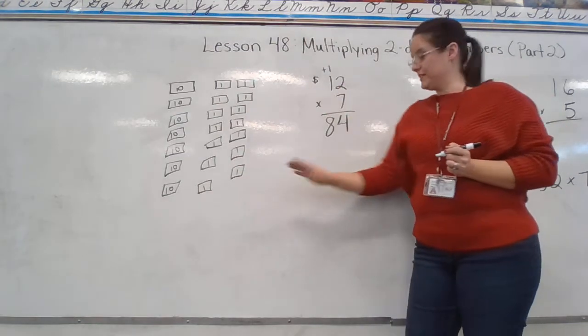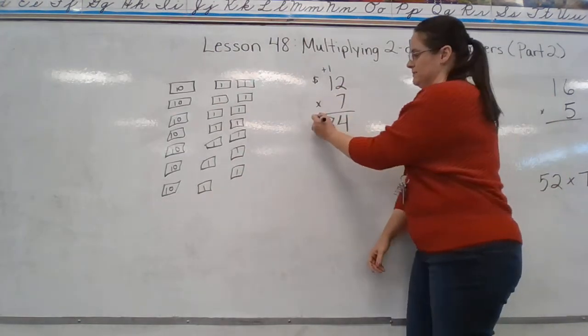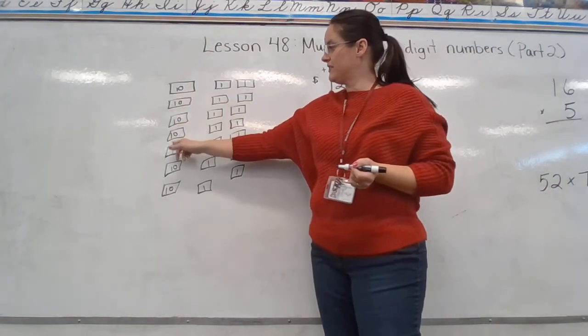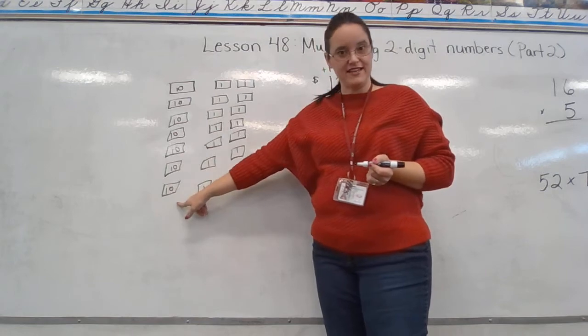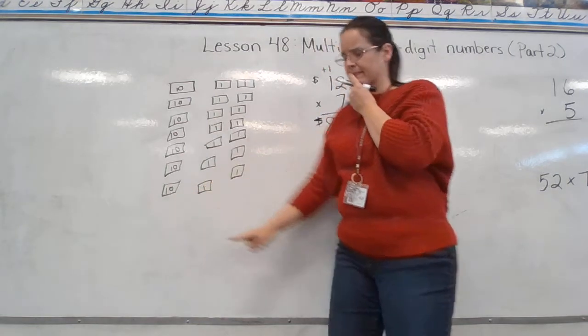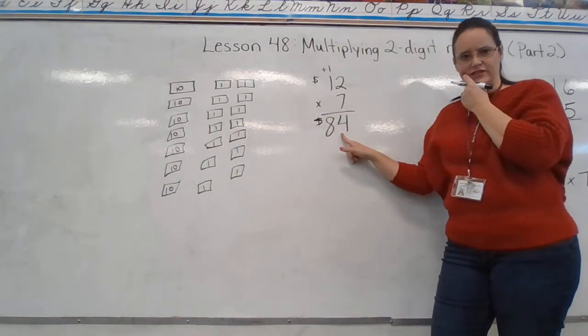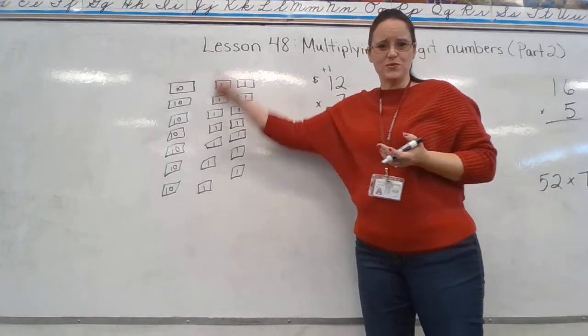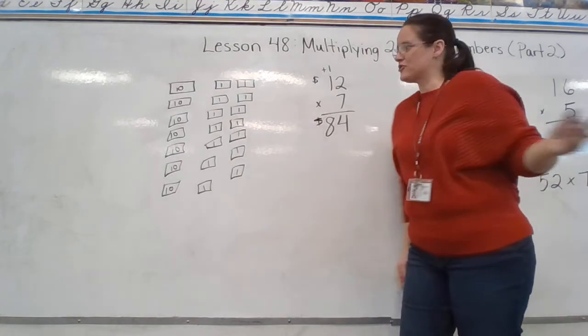Well, if I were going to count this up to find my total, which it's money now, it should have a dollar sign, I'm going to count up 10, 20, 30, 40, 50, 60, 70. But I got 80. Where did that other 10 come from? Oh, look at all these ones. I'm going to have to make a trade, right?